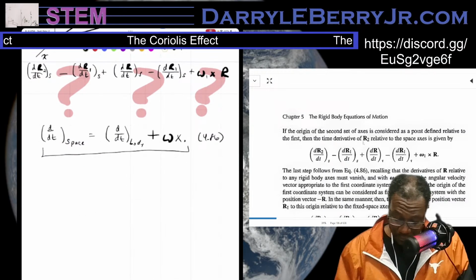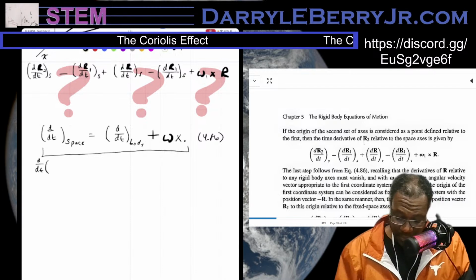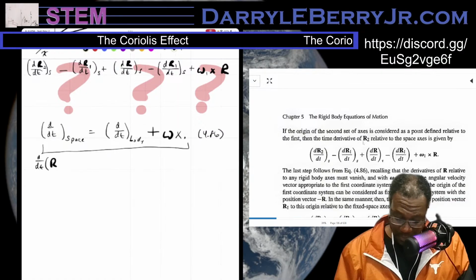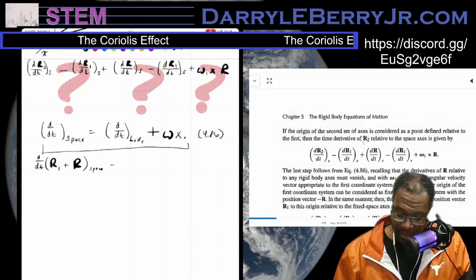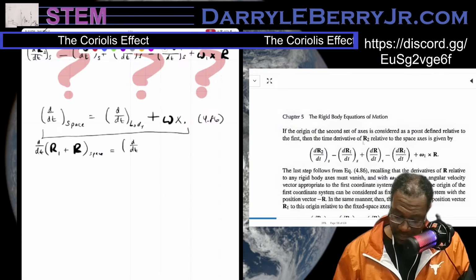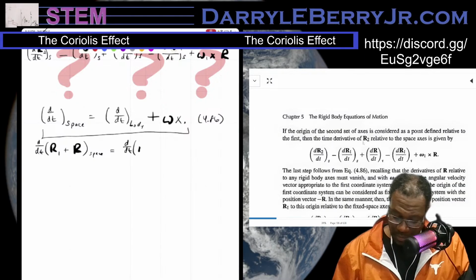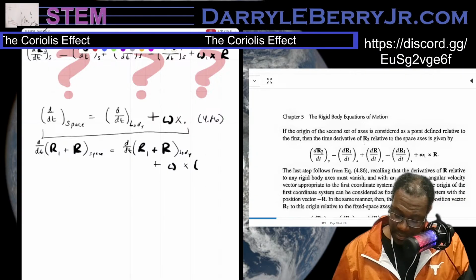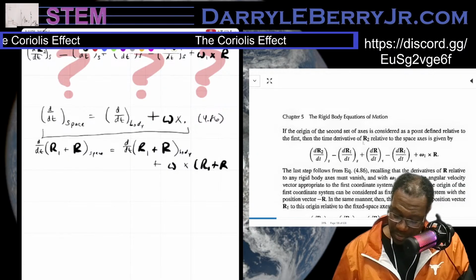d/dt of r2 equals d/dt of r1 plus omega cross r1.